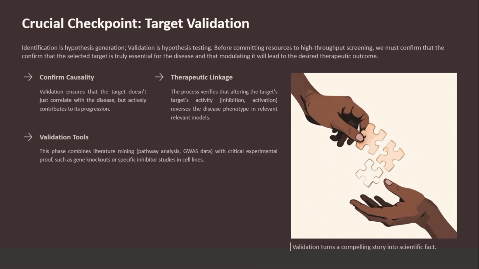So that's the target validation. We have to confirm the causality, therapeutic linkage, and validation tools to the critical experimental proof, and also reach the gene locations, and in this way we validate the target.